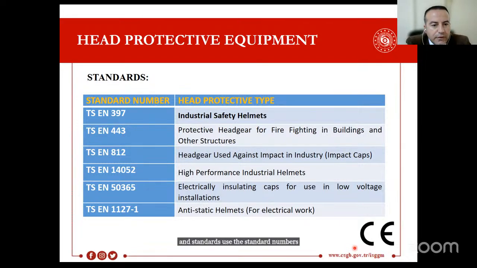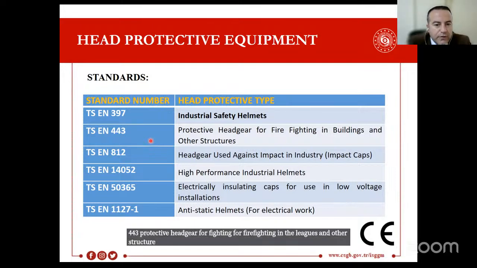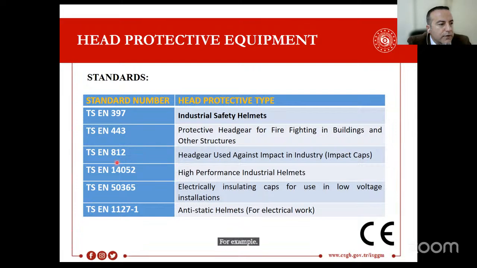And for example, this common one, TSN 397, industrial safety helmets, and the other types, TSN 443, protective headgear for firefighting in buildings and other structures. And for example, TSN 812, headgear used against impact in industry. Impact caps, these are small ones for only impact.